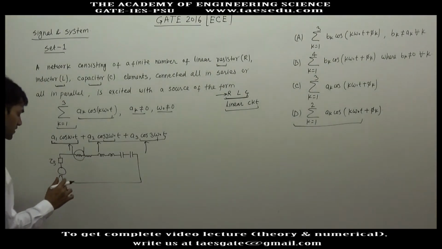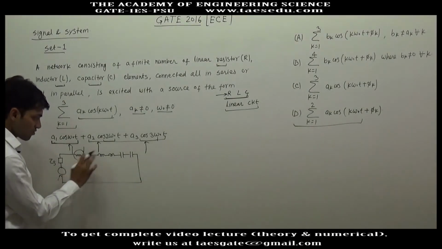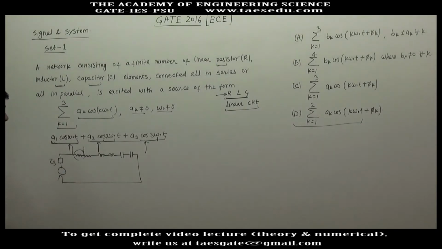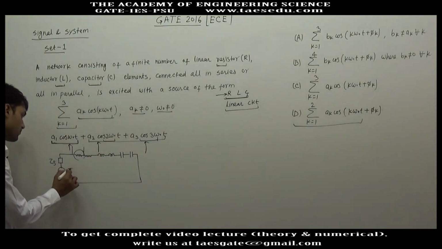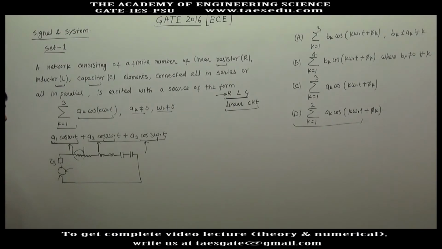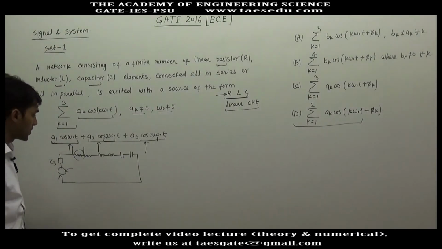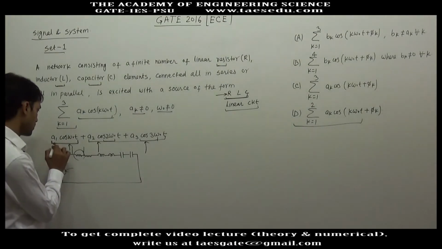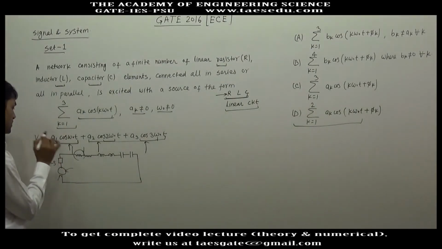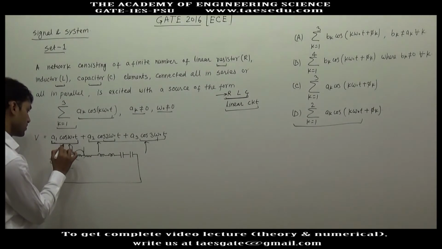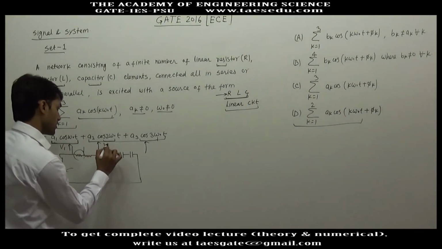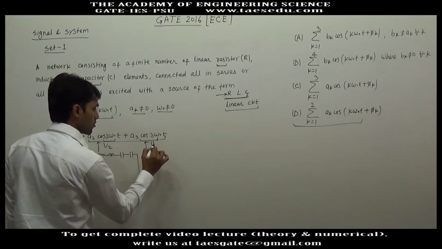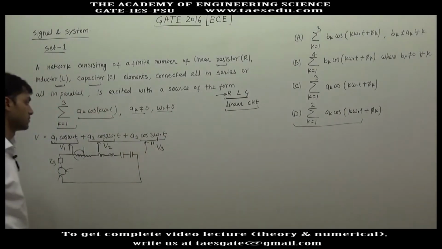So if this is a linear circuit, the voltage or current through any element will be directly proportional to the amplitude of the source. And the second thing is, this is a linear circuit, so we can apply the superposition theorem. In the superposition theorem, what do we do? Instead of finding the output due to this voltage, we will find the output due to source V1, then the output due to source V2, then the output due to source V3.